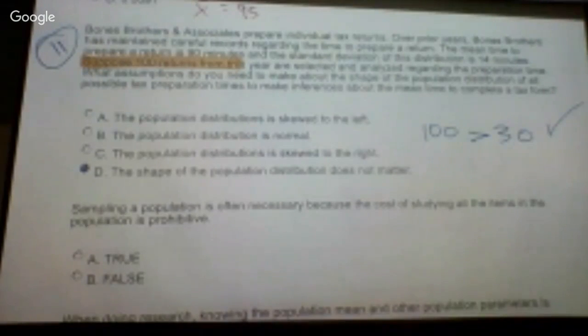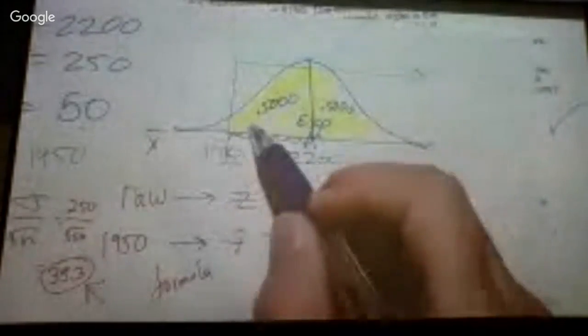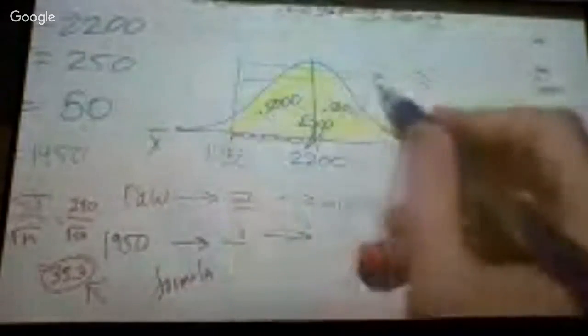So that's asking what the probability of it being more than 1,950 a month is? That's correct. Oh, okay, never mind. No worries. Because we're talking about at least, 2,000 is at least 1,950, so it's going to be on this side.